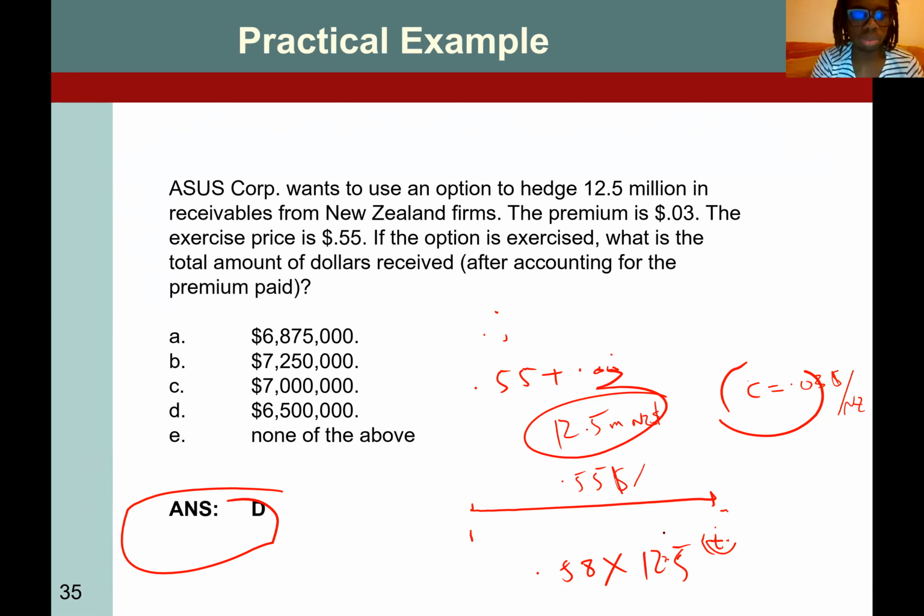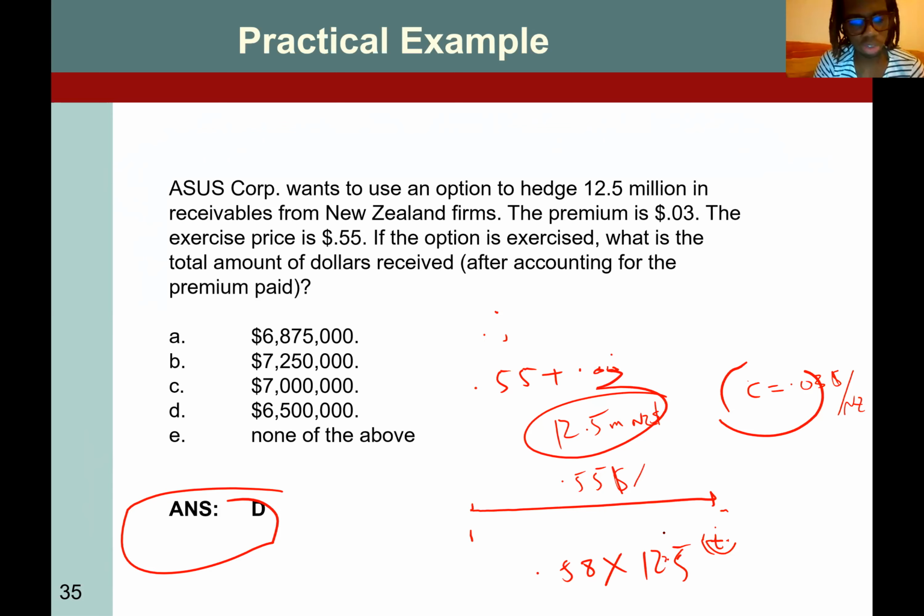So what is the answer here? 12.5 multiplied by 0.58. My answer is a little bit different. I think it's none of the above.